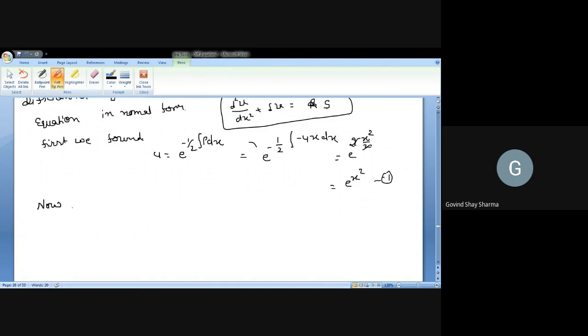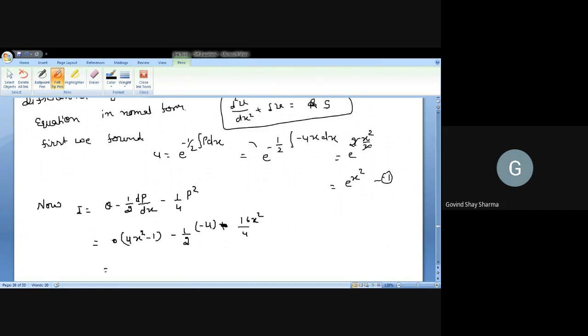Now I is equal to q minus half dp upon dx minus 1 by 4 p square. What is the value of q? q is equal to 4x square minus 1. Minus half dp upon dx is equal to plus 2, since dp upon dx is minus 4, and p square is equal to 16x square by 4.